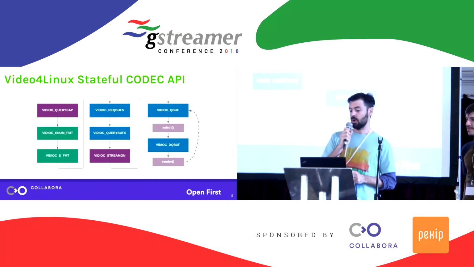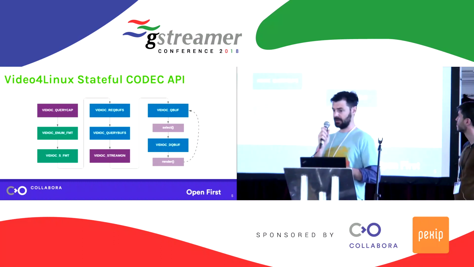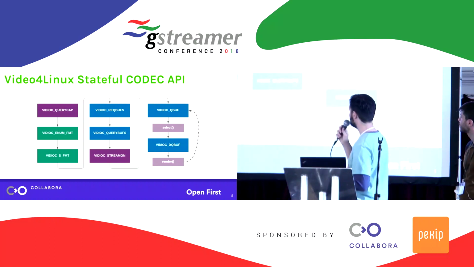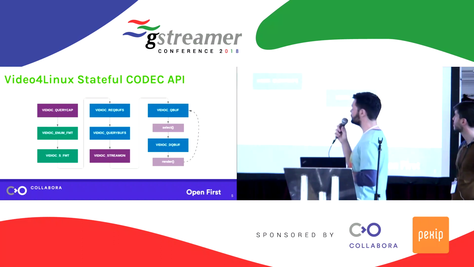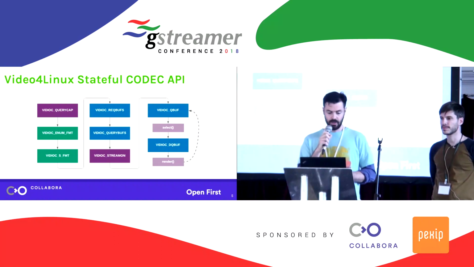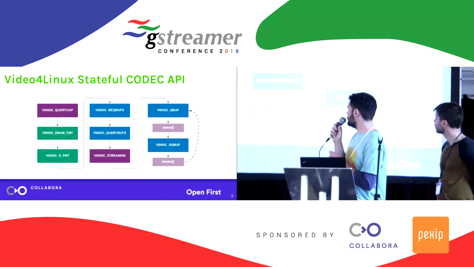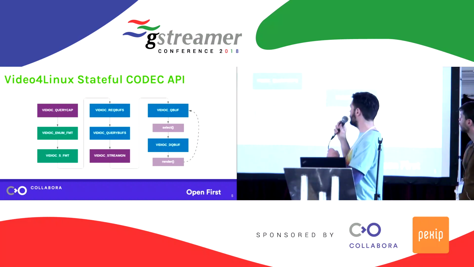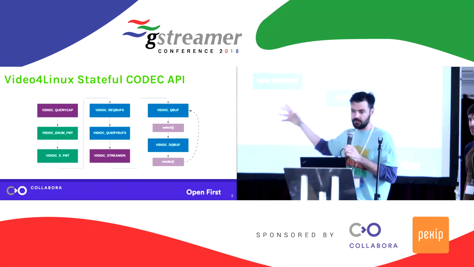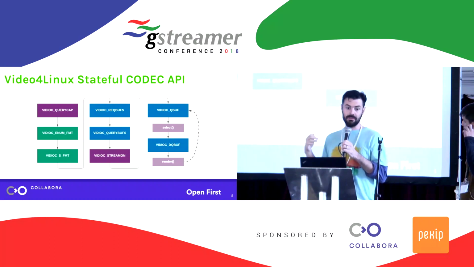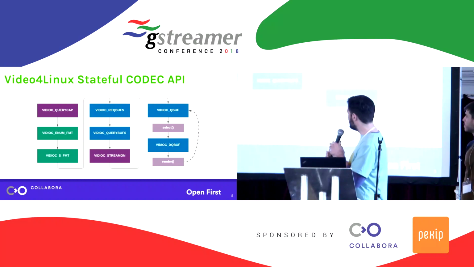So the stateful codec API is basically the same as the Video4Linux API. Like I said, you have a number of system calls, and these system calls allow you to negotiate the format. The first ones are the ones where you negotiate the format. You get all the formats that are supported by the hardware. You then eventually set the format.